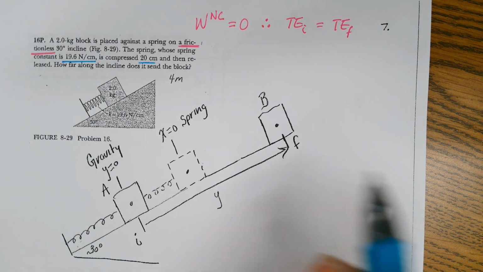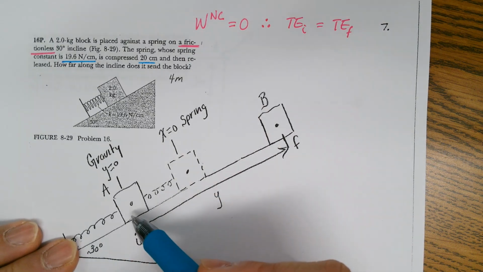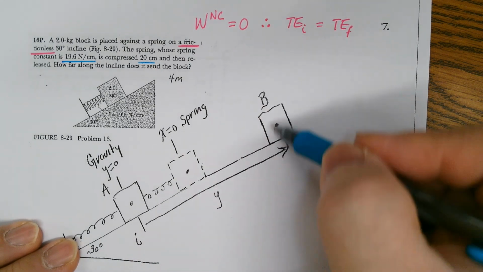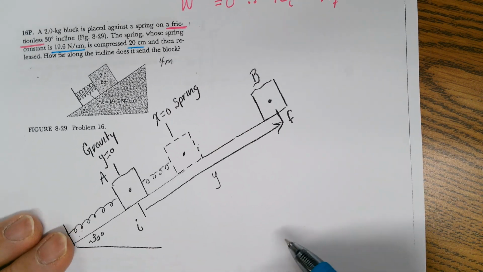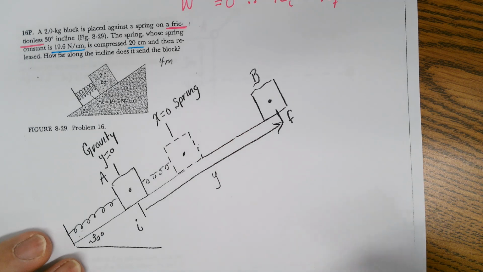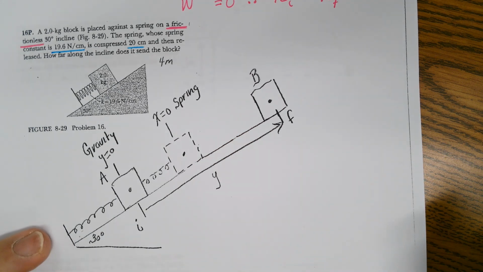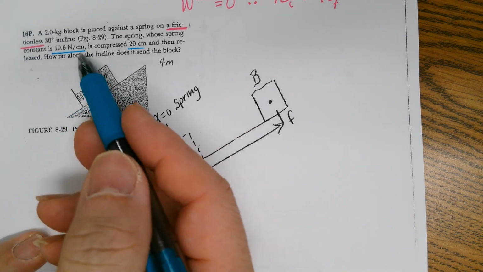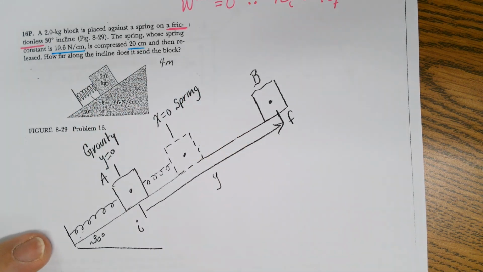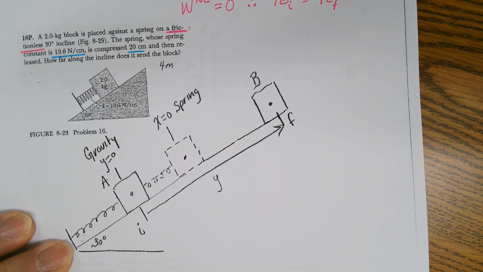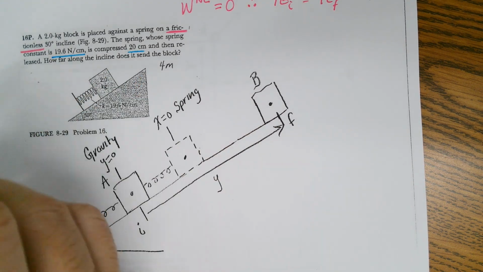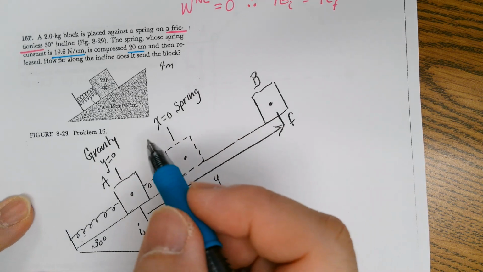Now we're going to be working with gravitational potential energy too, because it's going to gain height. And if you're going to work with gravitational potential energy, you know your g is going to be measured in 9.8 meters per second squared. And if you have centimeters here and centimeters here, that's not going to be good. So my recommendation is convert these into the proper units.